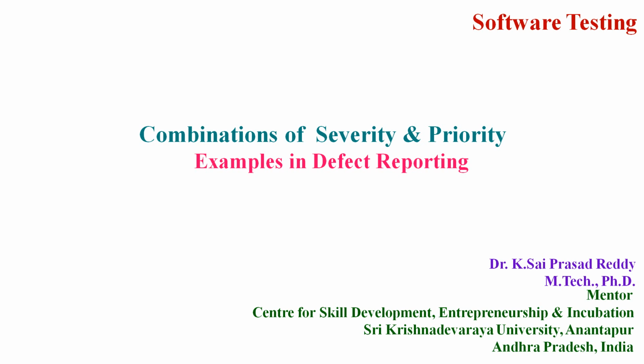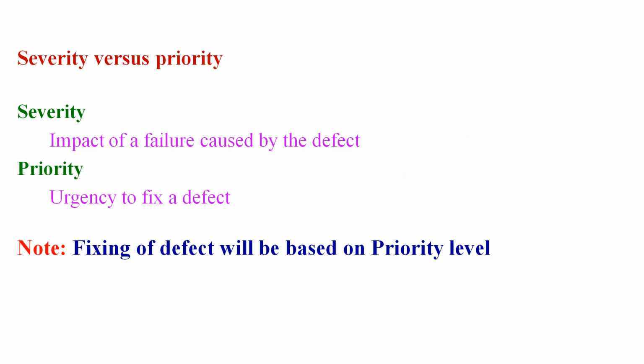So what do you mean by severity and what do you mean by priority? Severity is nothing but the impact of the failure due to that defect. Because if some defects are present in the application, those defects will cause a failure in the operation. So severity indicates the seriousness of a failure.